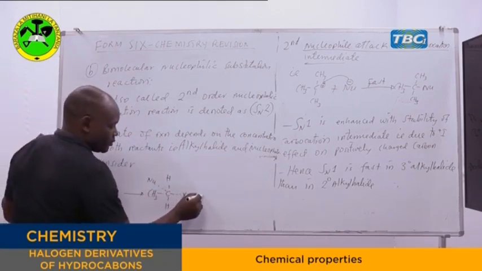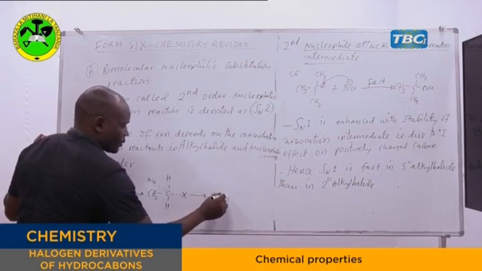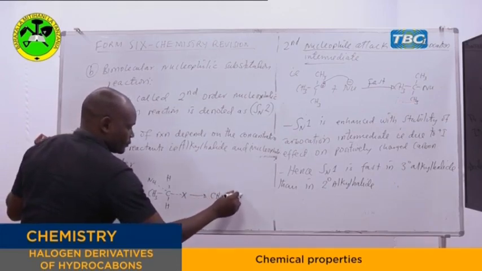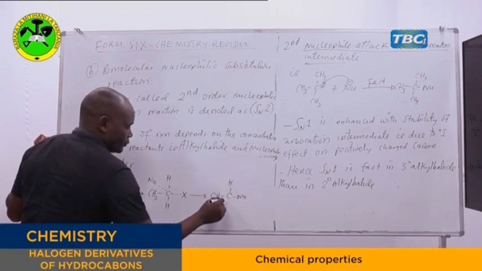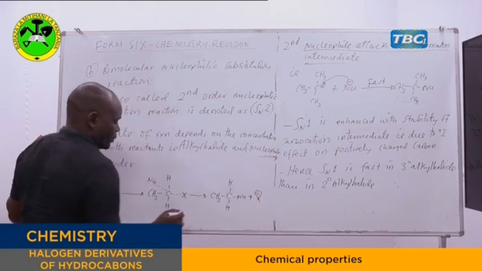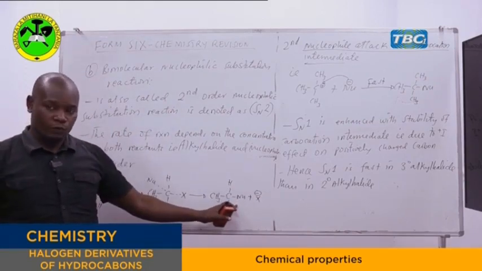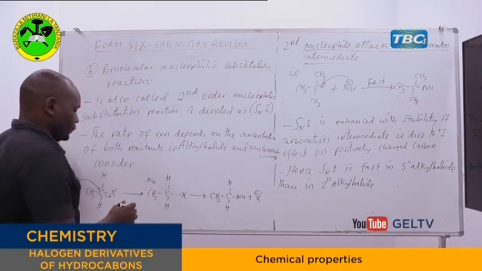And there now the reaction will proceed to form the product. Now the halogen will be substituted by the nucleophile.